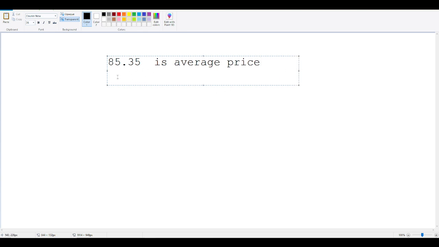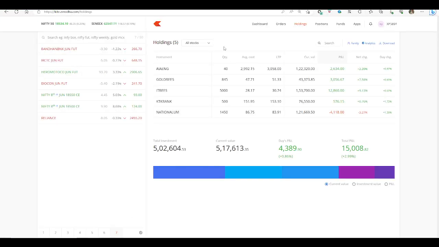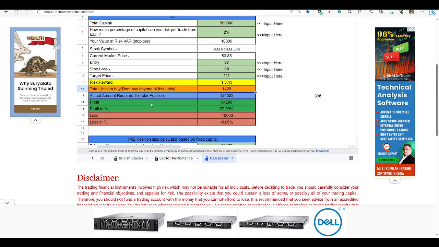It's not yet finalized how much position we want to take. This 85.35 is the average buy price now. Previously, what is the risk, what is the reward? The actual amount is 1,24,000.